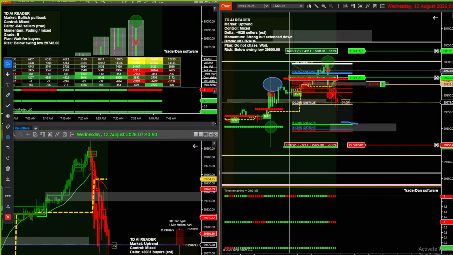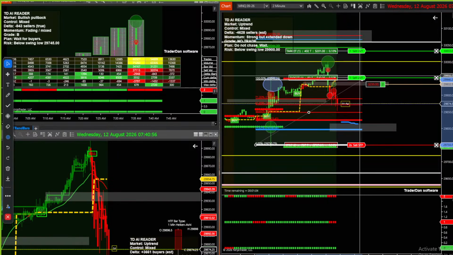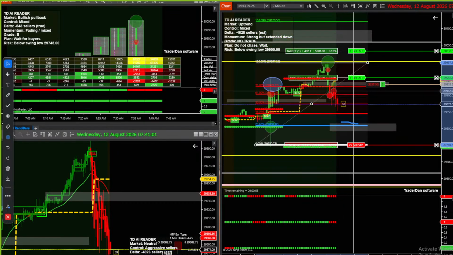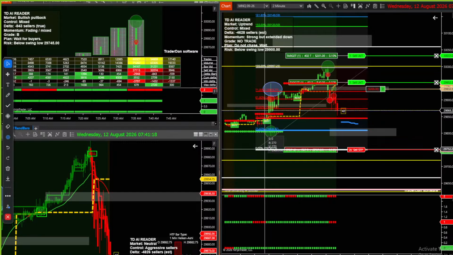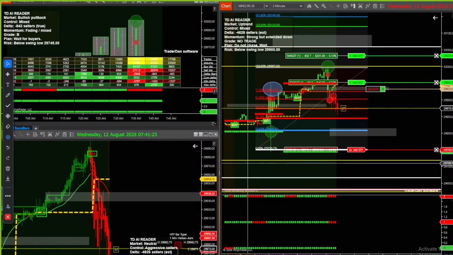So, ideally, we have this move here. That's the swing high. This will be the next swing if they want to stay on the bull side. I can't believe that they did this whole rip up and they're just going to sell it all back, but it's possible. If we can get this higher low here above this data wick, which is CPI low, without sweeping it, it's insane, man.